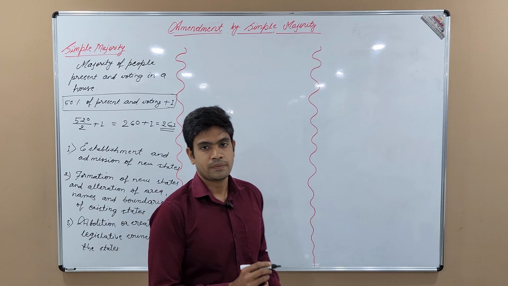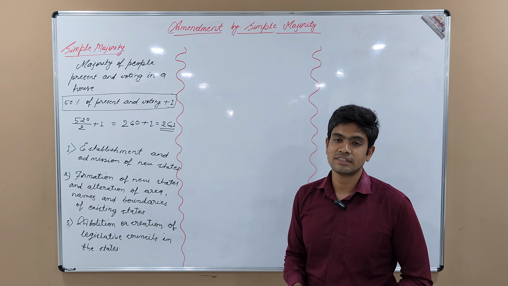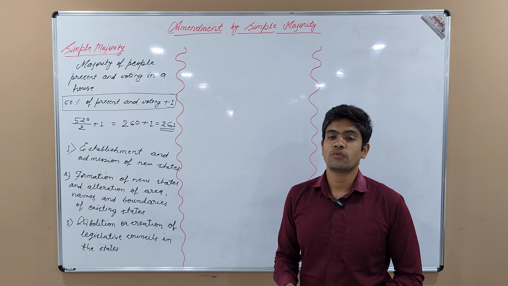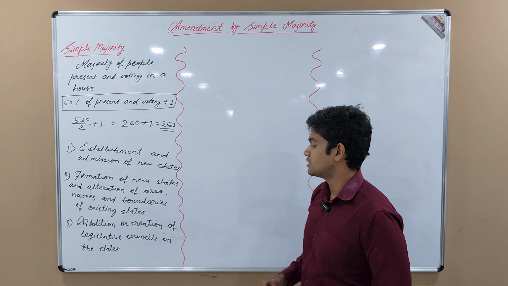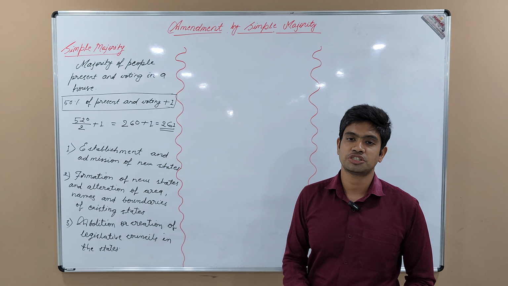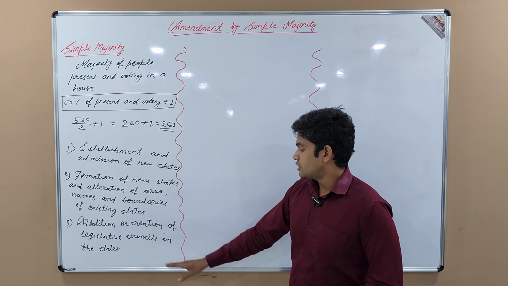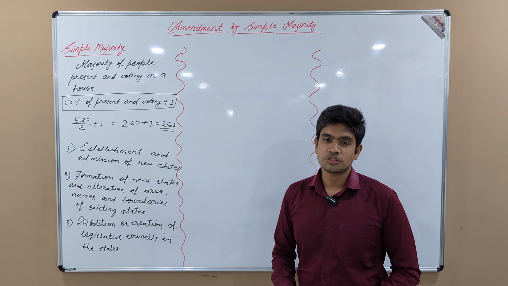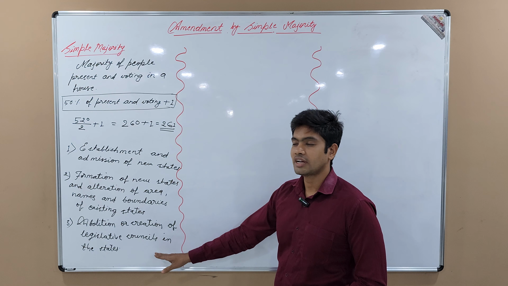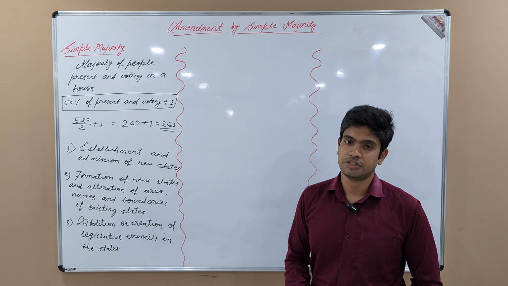As we know, the state legislature consists of two houses, the legislative assembly and the legislative council. But we have only 6 states with a legislative council: UP, Bihar, Maharashtra, Karnataka, Andhra Pradesh, and Telangana. Whether there should be a legislative council or not in a particular state is also decided by the simple majority in each house of the parliament.